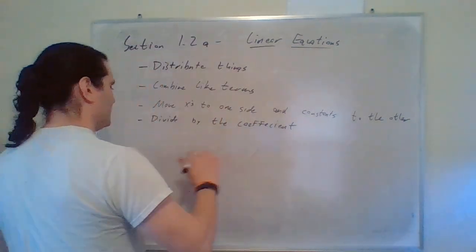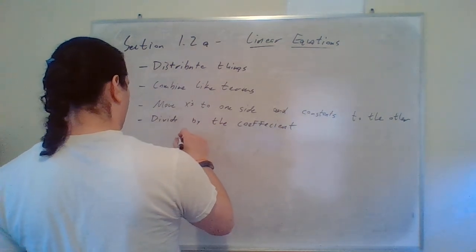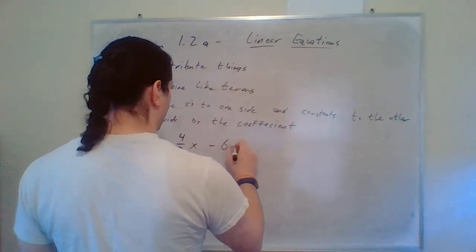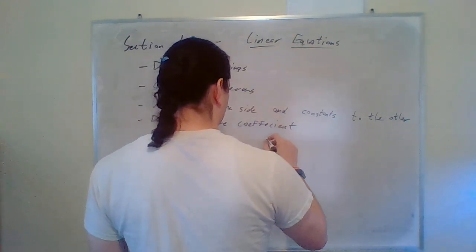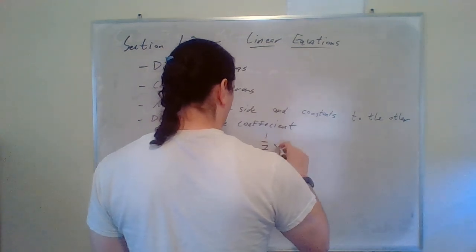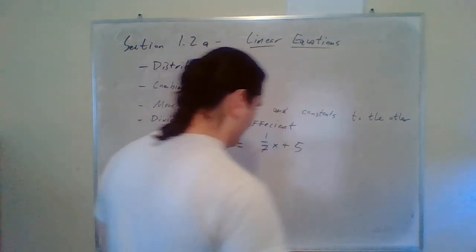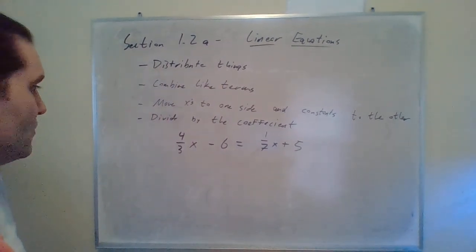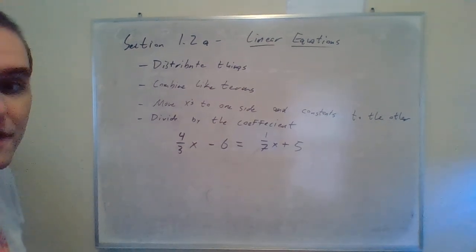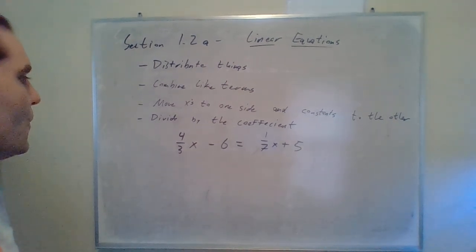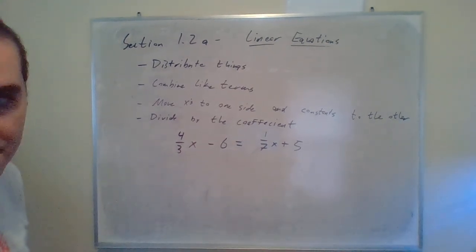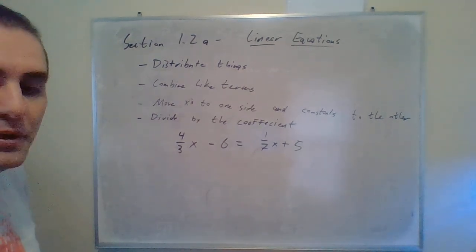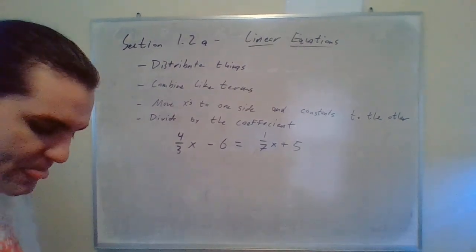So sometimes we're going to get linear equations that look like 4/3 x minus 6 equals 1/7 x plus 5. And this looks crazy because this is a little bit crazy. No one likes fractions. No one likes working with fractions. But here we have fractions.